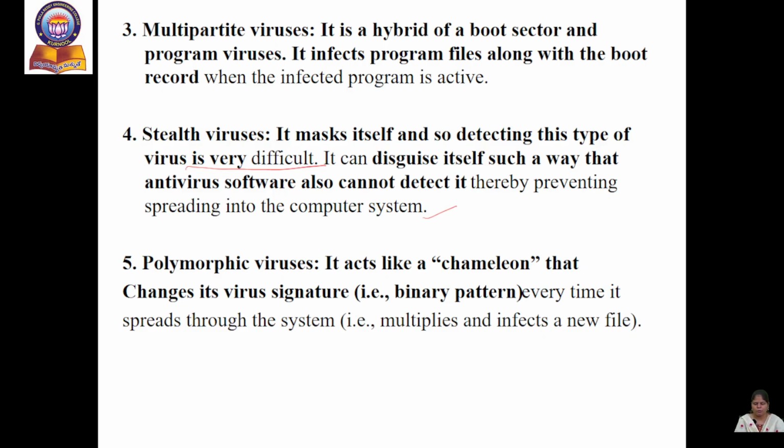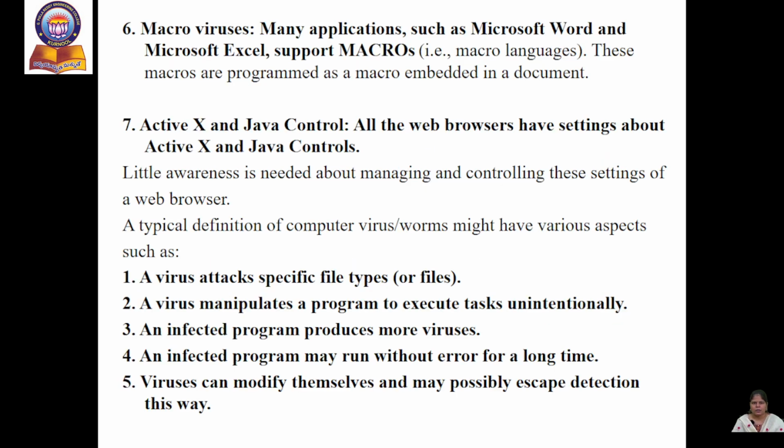Next is the polymorphic virus. It's like a chameleon, which changes color. This type of virus will change its signature, its pattern, every time. It spreads through the system in multiples and infects new files within the system every time. Next is the macro virus. Many applications such as Microsoft Word and Microsoft Excel support macros.